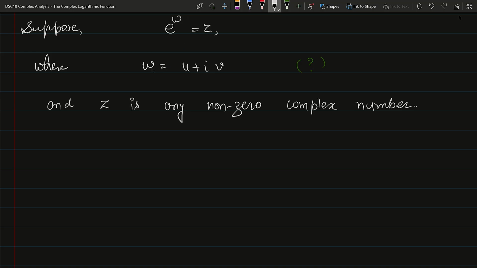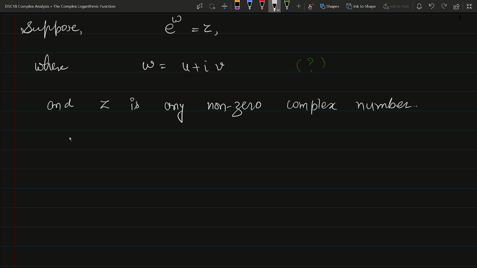That is w की ऐसी कोई भी वैल्यू हमें नहीं मिलेगी जिसके लिए e to the power w हमें 0 मिलेगा. That means this z is never equal to 0. That's why we are saying that z is any non-zero complex number.